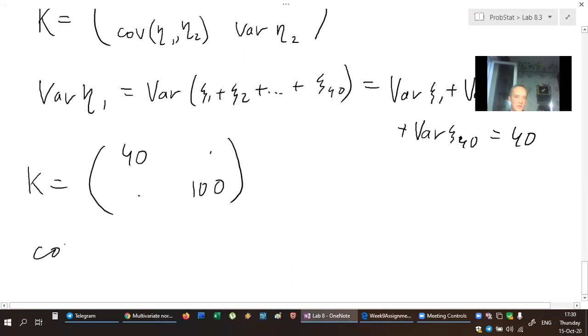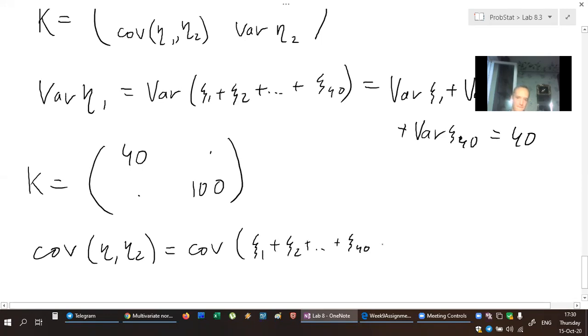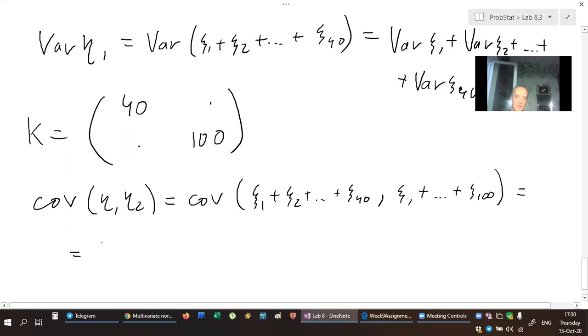Okay, and finally we have to find the covariance of eta1 and eta2. Did anyone solve this already? Know the covariance? Can you tell me the result? So covariance is a linear function.